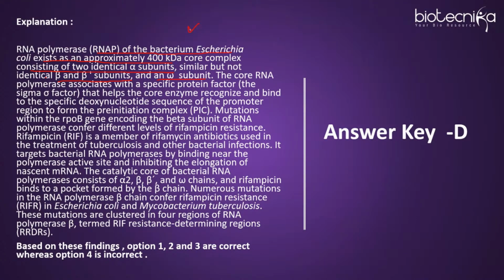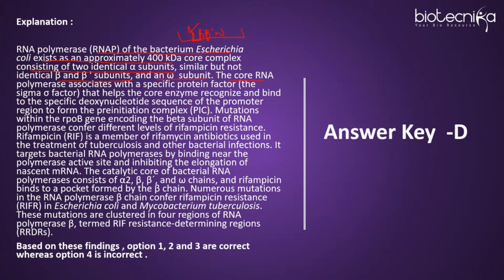So two alphas, beta, beta dash, and omega form the core protein. Along with it, there is another special protein involved with the core protein. It associates onto the DNA to start the transcription.